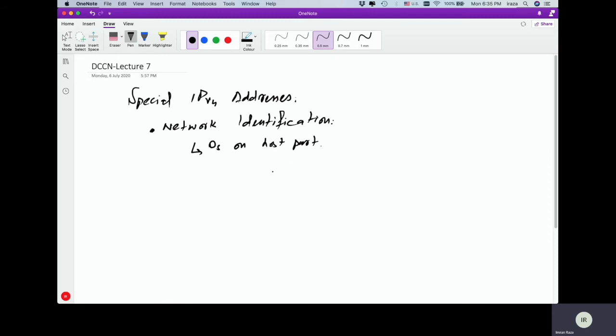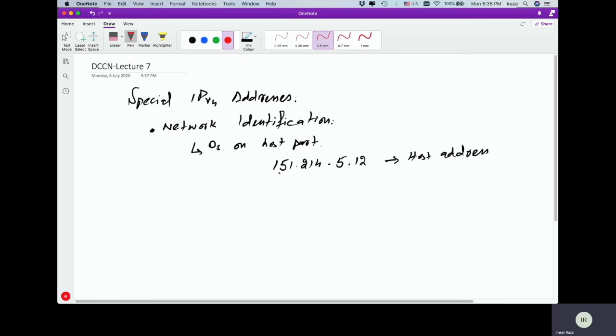So for example, if I have this address 151.214.5.12, and this is the address of a machine, a host address, and I'm interested in calculating its network address.